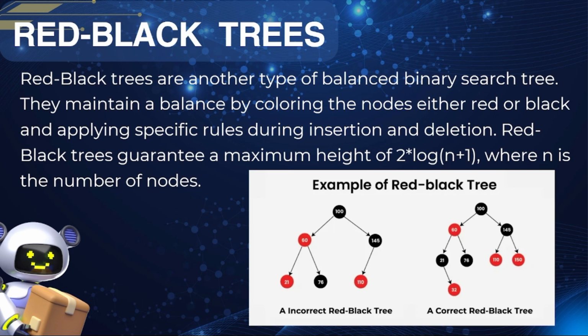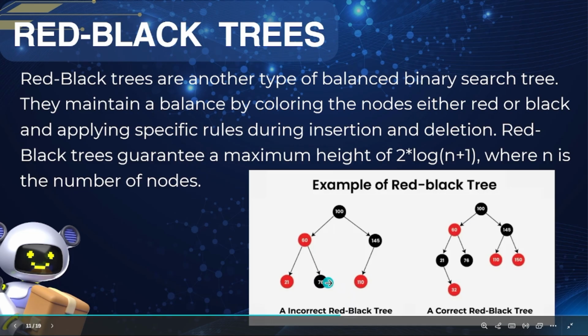Similar siya og AVL tree but different strategy. So each node is colored red and black. So every node, so the root is always black. So mao ni ang red black trees. Kailangan ang root daw kuno is always black. All leaves are black. So ang leaf are black lang.